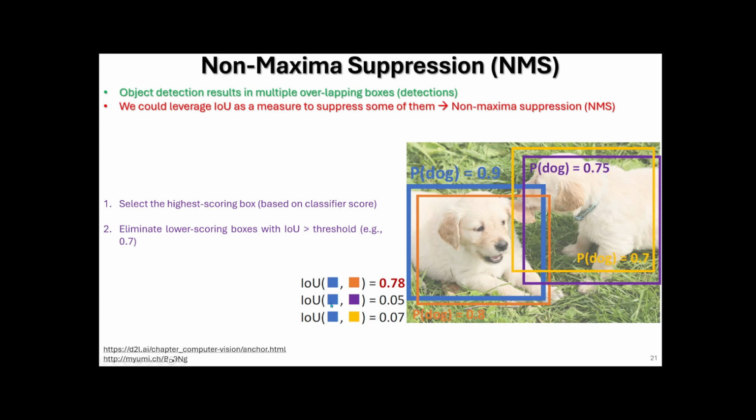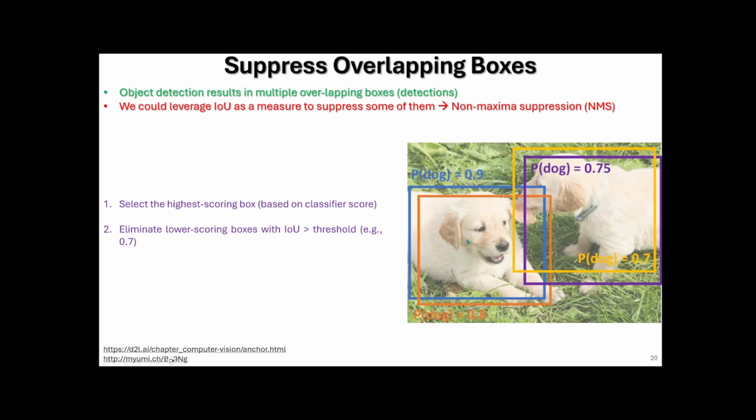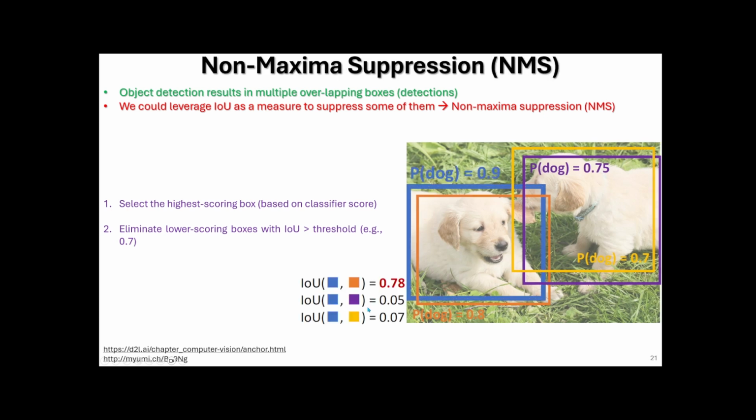Very easy, so let's take this. You have a dog prediction with 0.9 here, a dog prediction with 0.8 here, a dog prediction with 0.75 here, and a dog prediction with 0.7 here. You sort all of them and find that this one is the first to choose. So you choose this bounding box, and you find the IOU score of this box with all other boxes predicting dog.